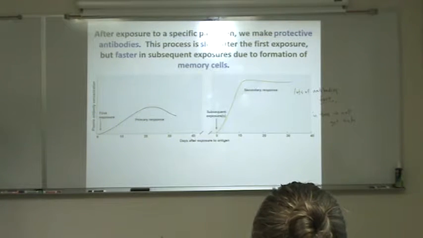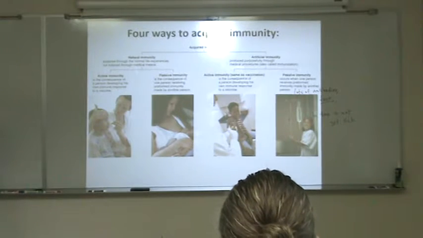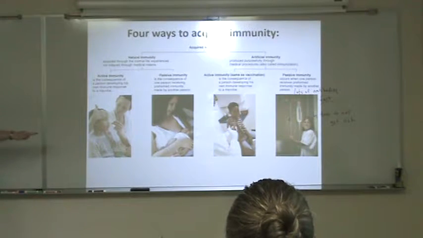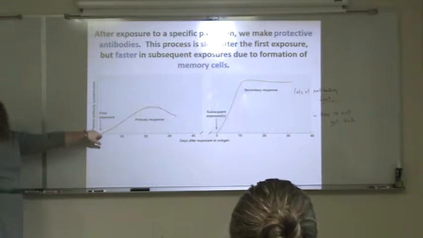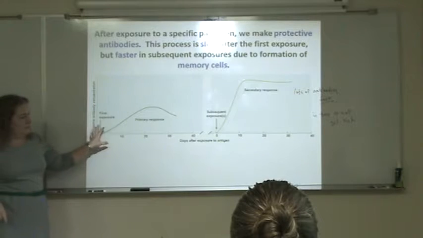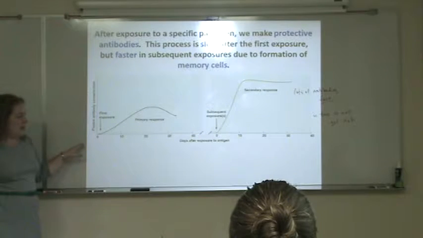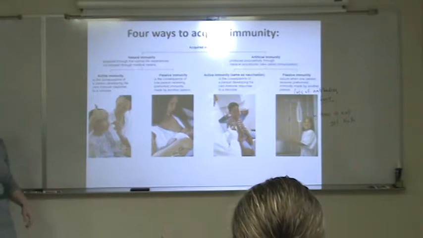Okay, the next slide seems drastically different, but this slide is directly related to this slide. And these 4 methods that we're going to talk about next have to do with how you got the antibodies that you have right now.